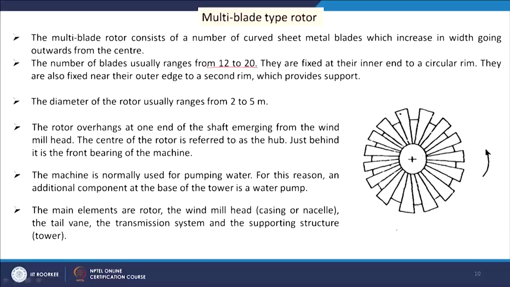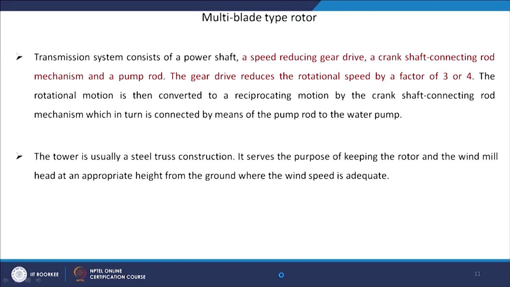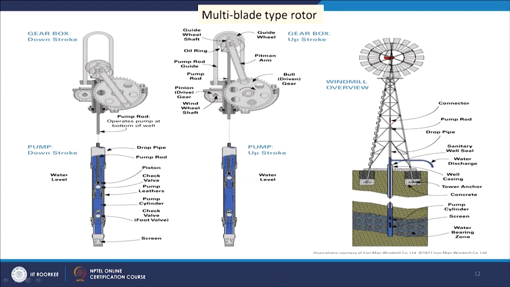In this type of rotor, the shaft is there, and at the bottom of this mill it also has a water pump. We have some multi-blade type rotor here, and at the bottom it is connected with a pump. How does this pump work? The energy comes from this machine.